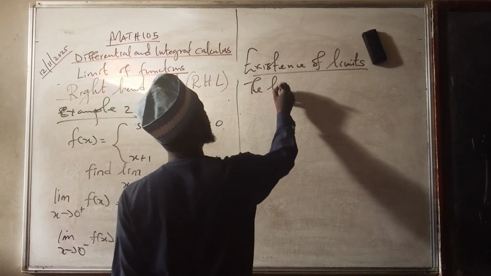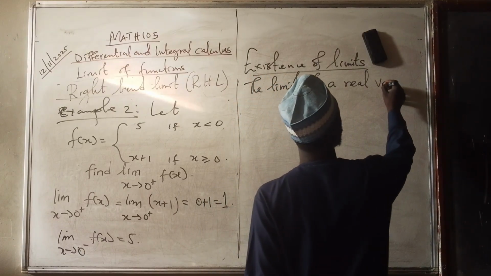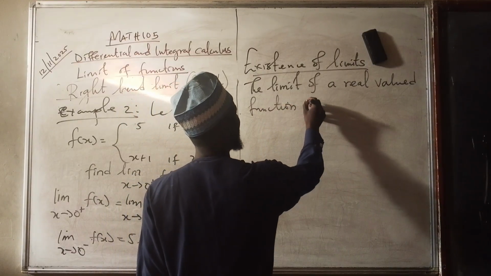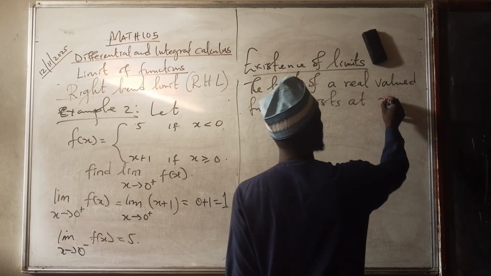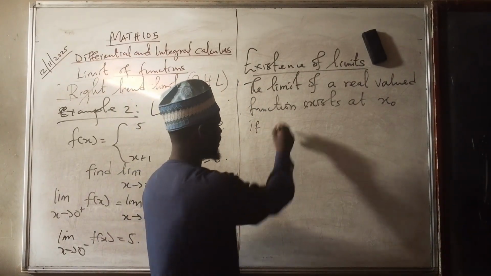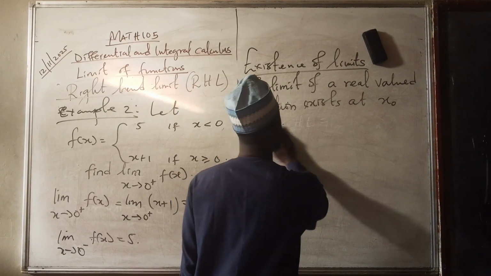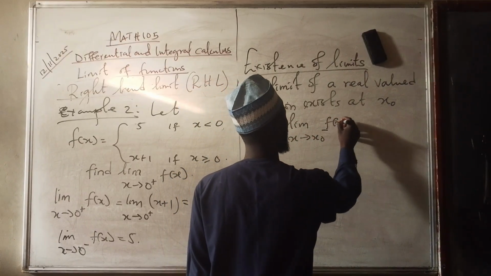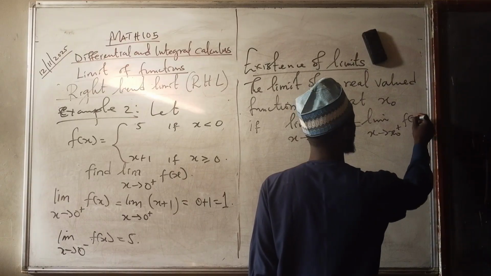So the limit of a real valued function exists at, say, a real number x naught if the left-hand limit, limit as x tends to x naught to the left of f of x, is equal to the limit as x tends to x naught to the right of f of x.